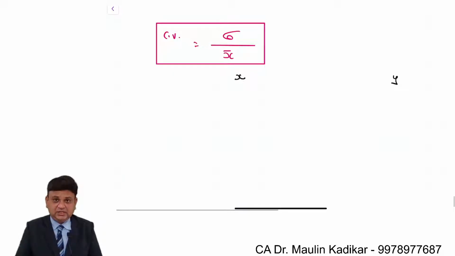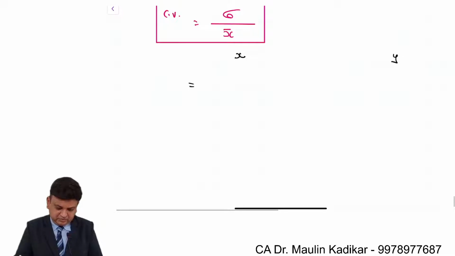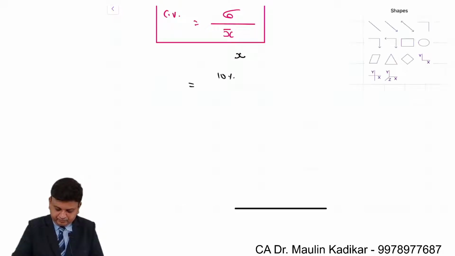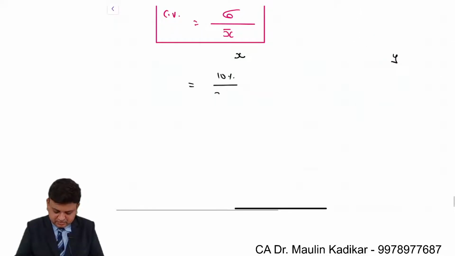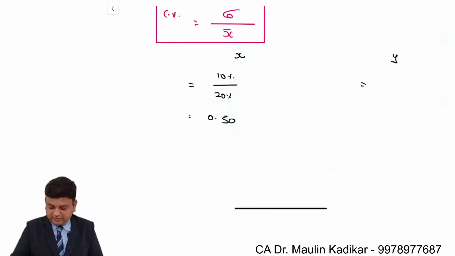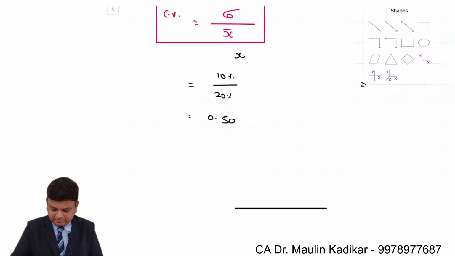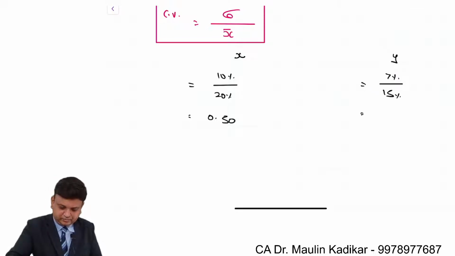Security X and security Y. What is standard deviation? 10% upon 20%, 0.50. 7% upon 15%, 0.47.